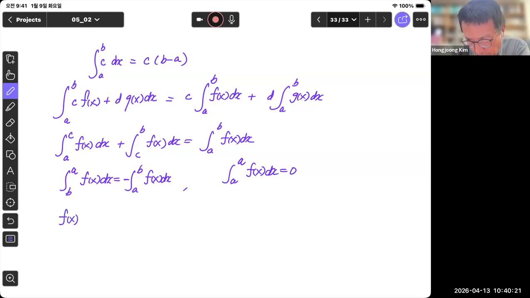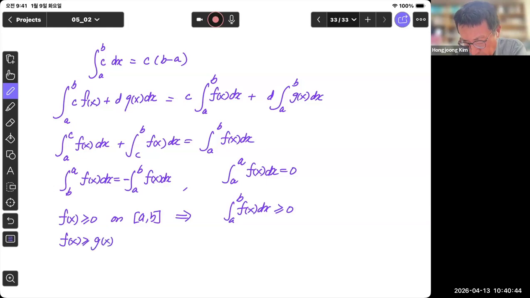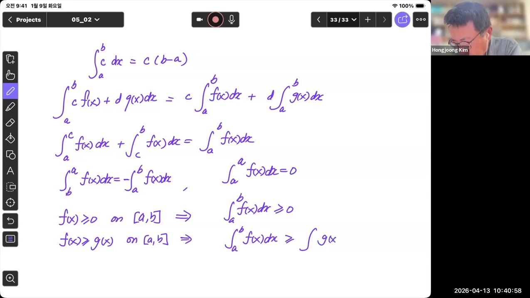Now, if your f of x is non-negative on the interval from a to b, then the integration of f of x dx from a to b will be non-negative. I can generalize that: if your function f is greater than g of x on the interval from a to b, then the integration of f of x from a to b will be greater than the integration of g of x from a to b.